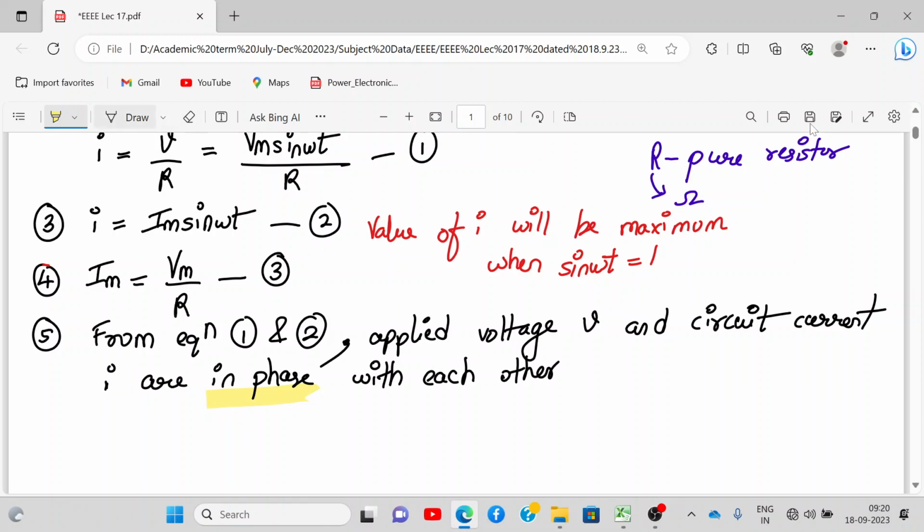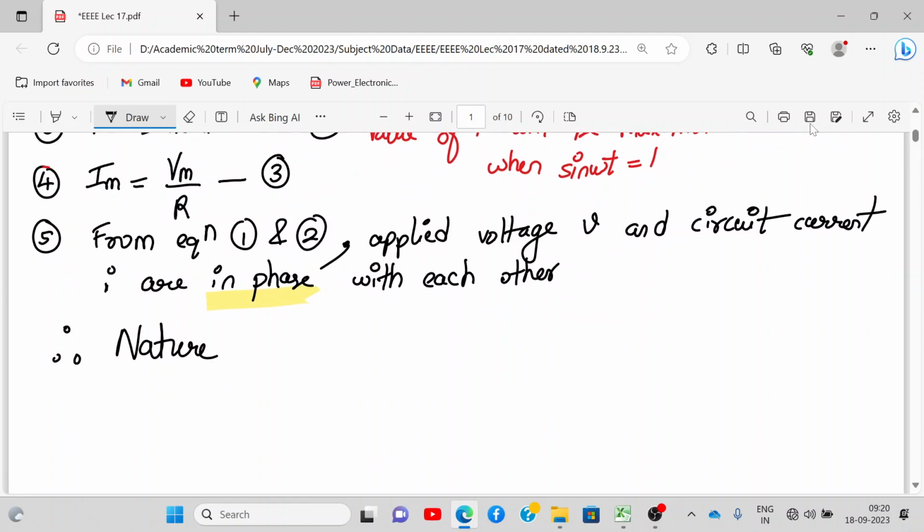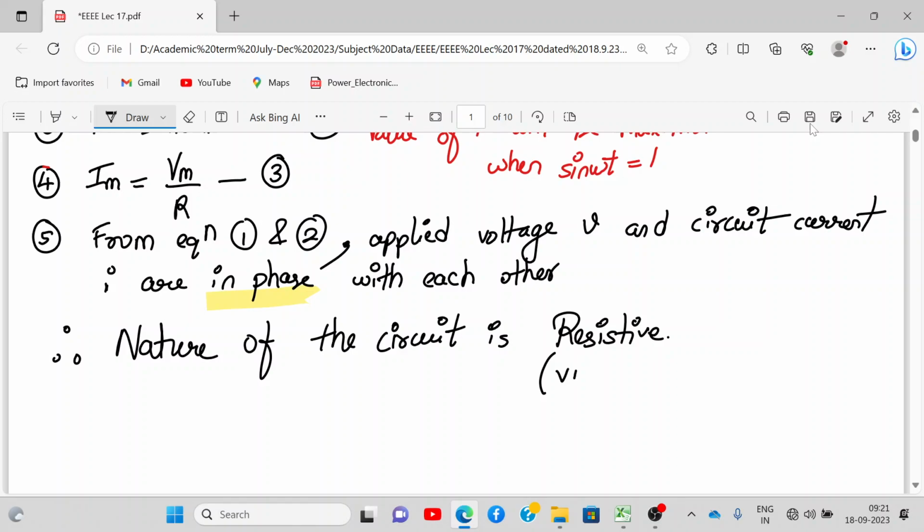So write down, therefore, nature of the circuit is resistive. Resistive means v and i are in phase. That means the phase difference between them is 0.